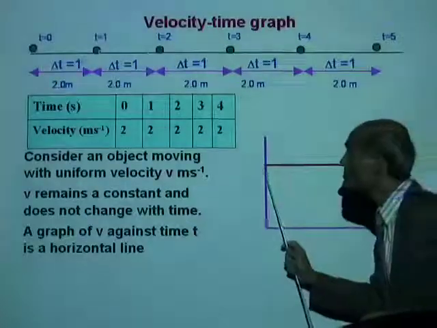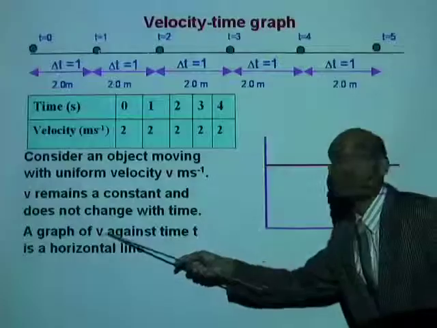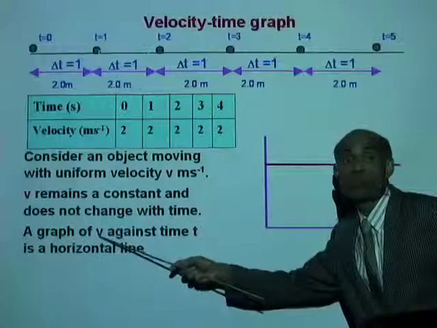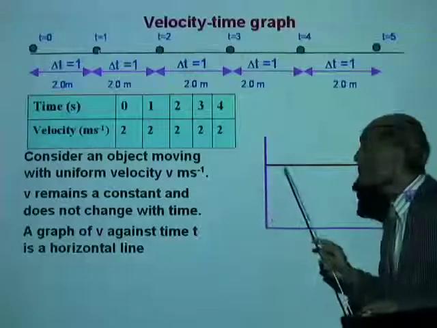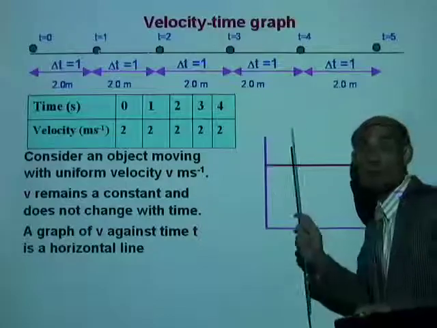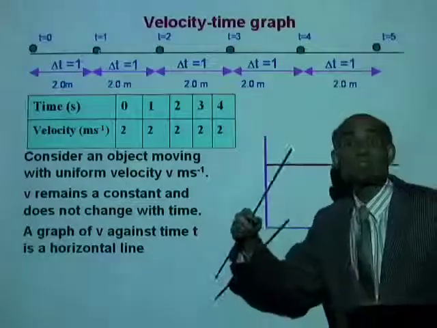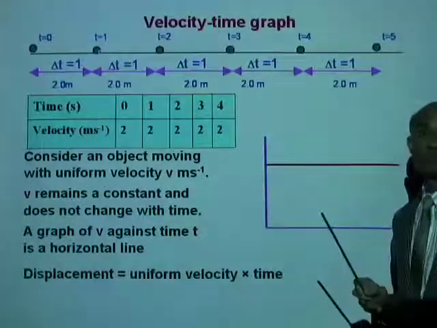What will this value represent? This value represents the uniform velocity v. If v equals 2 meters per second, then this will be 2 meters per second. But at the moment, we will not give it any specific value. We will call it v meters per second.